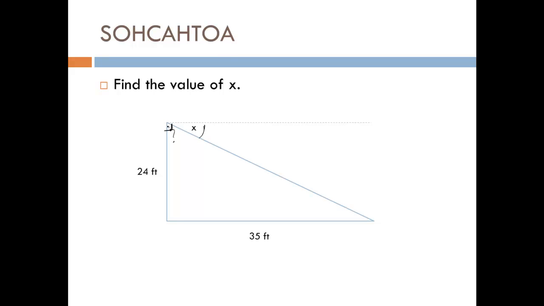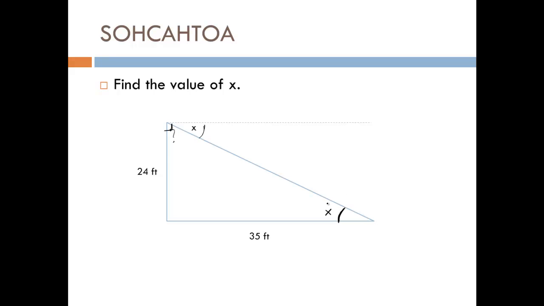Or we could use another property of geometry that would tell us that the measure of angle x up here is the same as the measure of the interior angle down here. And so this will be the easiest. Let's just use this property, that this exterior angle here is equal to the interior angle here.